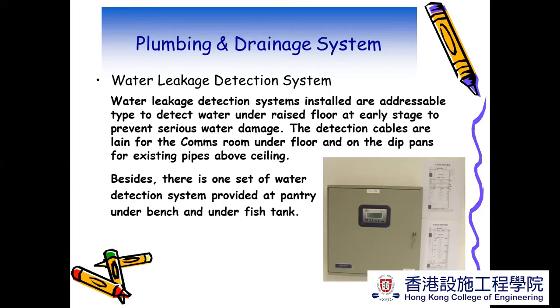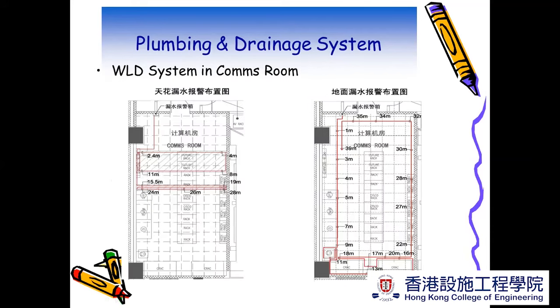Let me see if we can have a more detailed drawing, but you can see the drawing here, the red line shows the water leak detection cable, like here, for example.